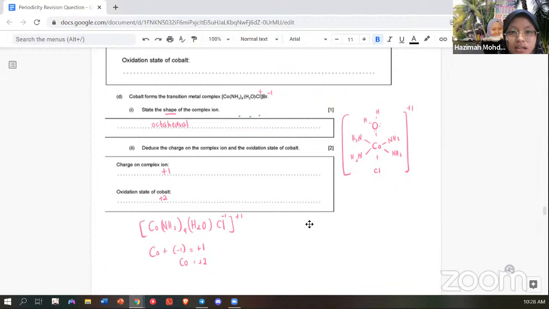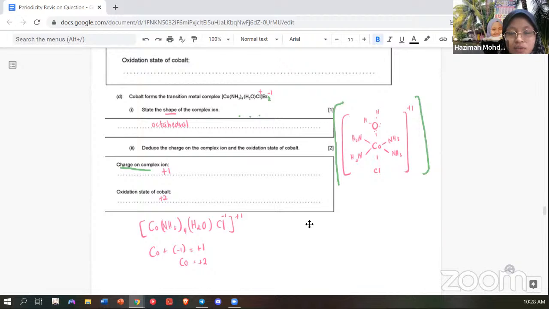Okay, so yang tadi ni, dia nak charge of complex ion. Maksudnya yang semua ni lah. Okay. So kita tahu yang Br is -1. So -1 dengan yang ni tak ada Br2 kan. So kita tahu yang ni ialah +1. So dia punya charge of complex ion is +1.